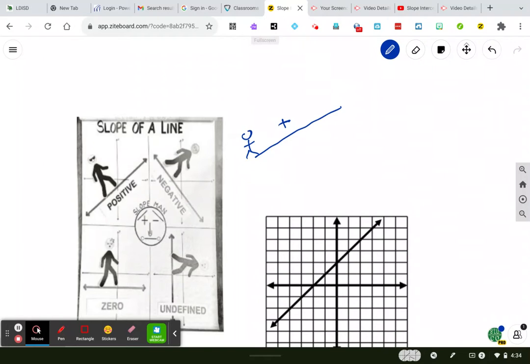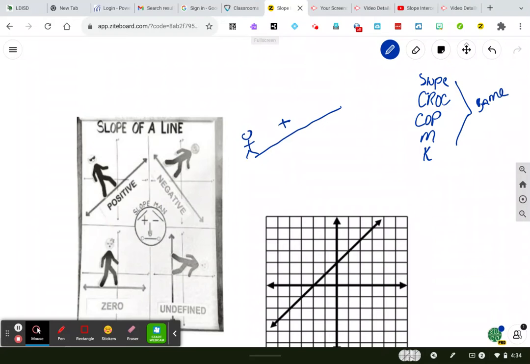So I've created this little guy here for you. It's called the slope of a line. So you can immediately look at a line on a graph and be able to say, oh, that is going to be a positive constant rate of change. Because remember, constant rate of change, constant of proportionality, m, k, slope, they all mean the same.